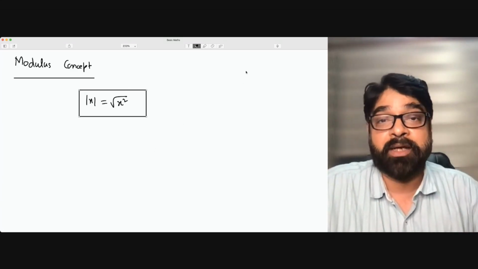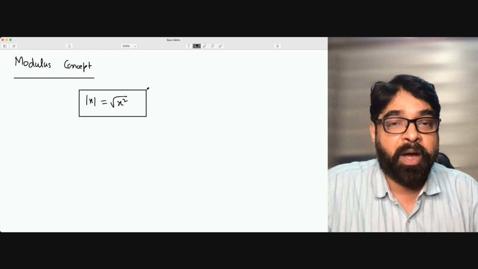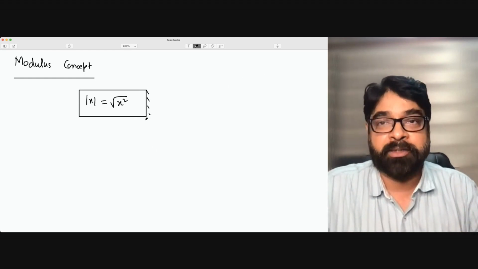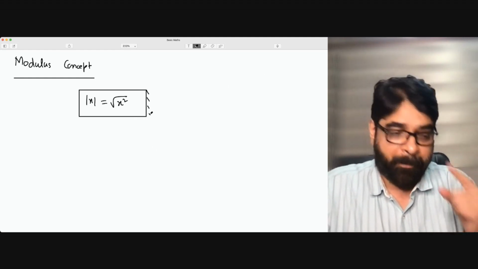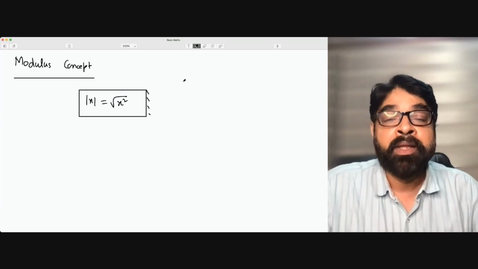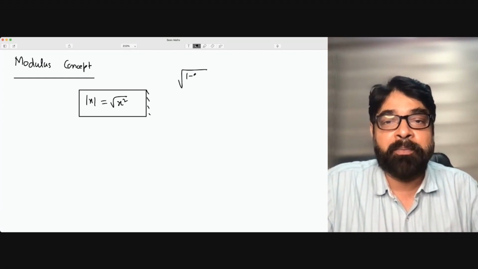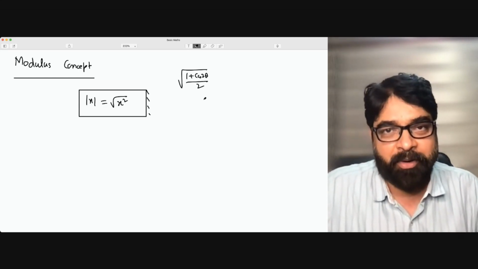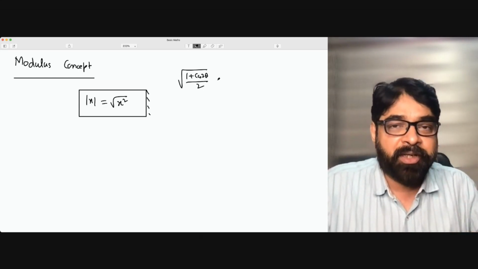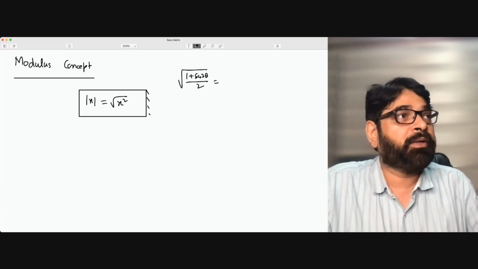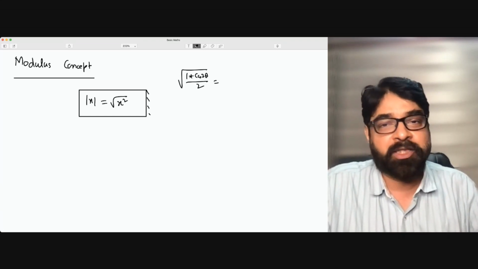Whenever root of x square is coming, always remember you have to write mod x. I have seen so many times: suppose somewhere in the question root of (1 plus cos 2 theta) by 2 comes. I have seen the children very quickly say, sir, 1 plus cos 2 theta is 2 cos square theta, minus 1, by 2.